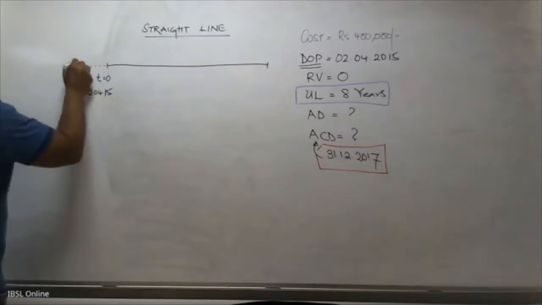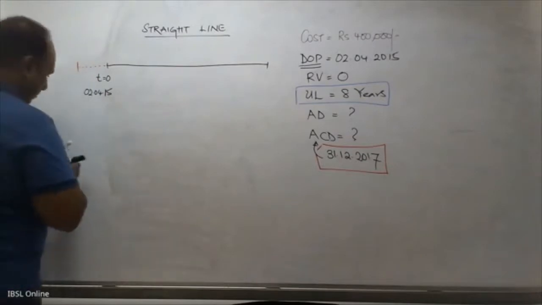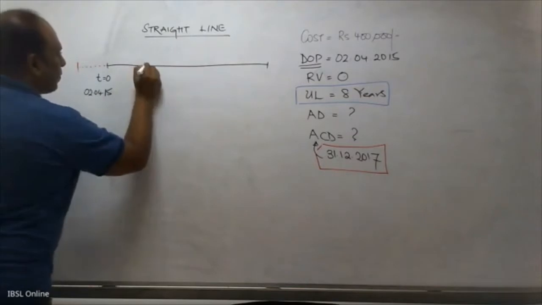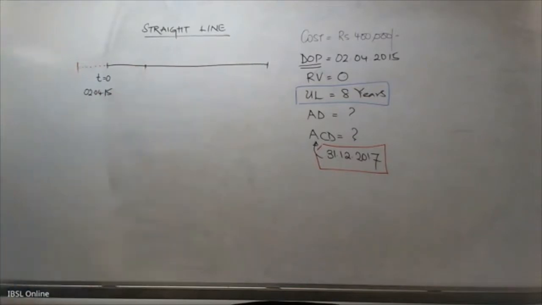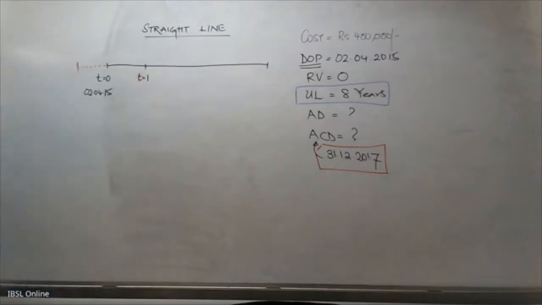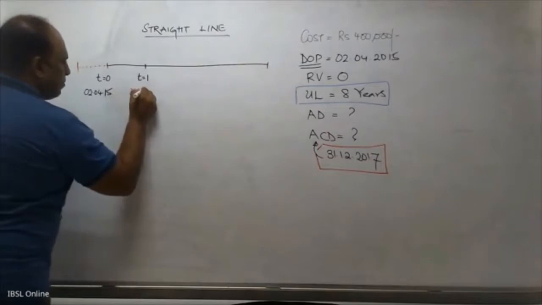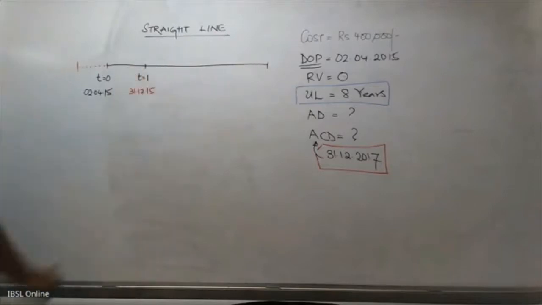So if you look at the financial year of this company for the year 2015, which we call T equals 1, it will end on 31st December 2015.